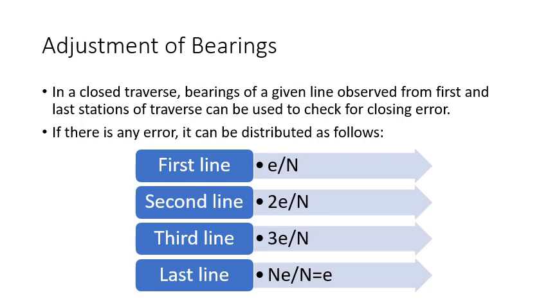That can be identified with a simple principle: for a line, say A to B, if the forebearing of the line AB is theta, then the back bearing should be equal to 180 plus theta, or it may be 180 minus theta. So for a line, forebearing and back bearing should differ by 180 degrees. That is a principle that we have learned in compass survey. So in bearings, we have to use this principle.